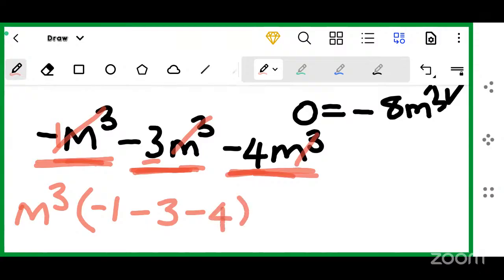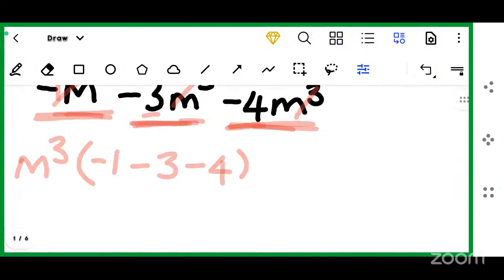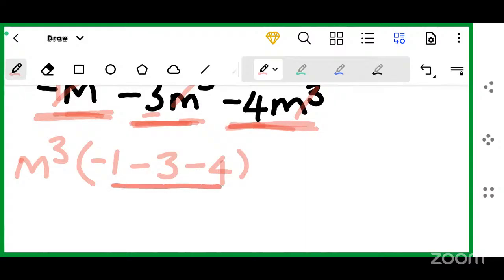So first thing first, BODMAS says you work out the bracket. So we check what is inside the bracket and we add them or subtract them based on the signs. You write your m to the power of 3, and then negative 1 minus 3 is equal to negative 4, and then negative 4 minus 4 is negative 8.